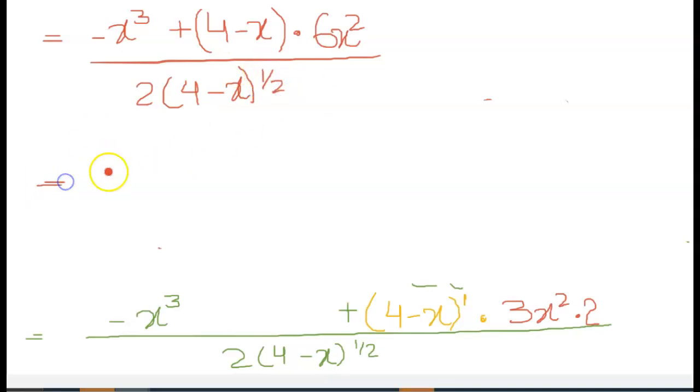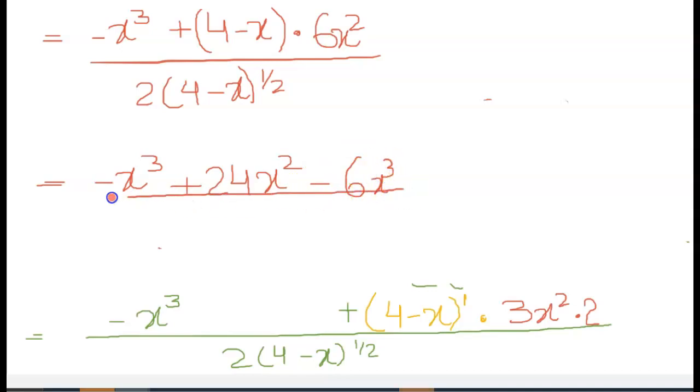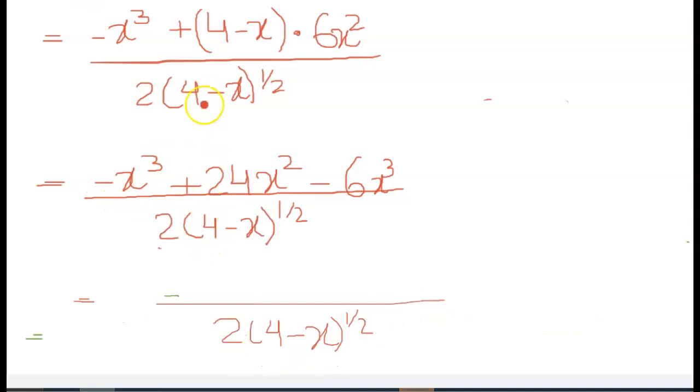Now this is minus x cubed. I need to multiply this with that. So 4 times 6x is 24x squared, and minus x times 6x is minus 6x cubed, and the denominator stays as it is. I just copy the denominator.